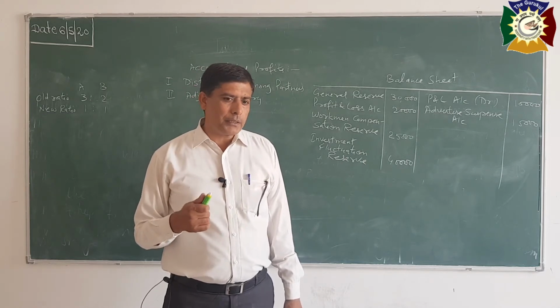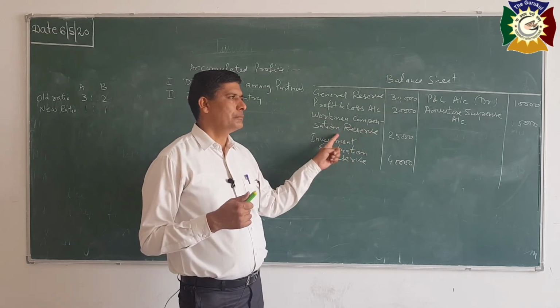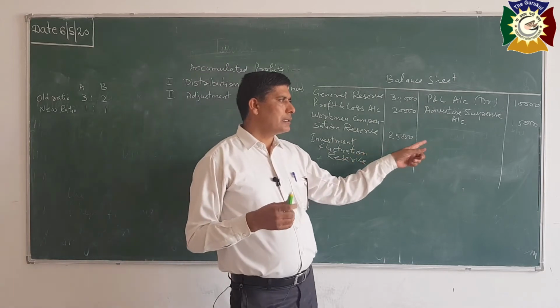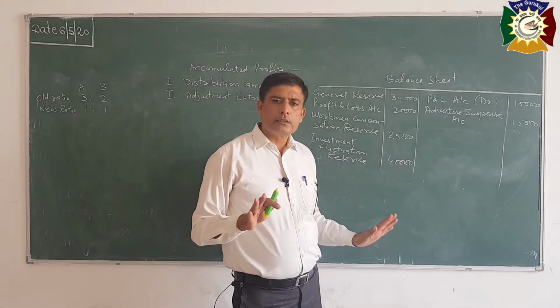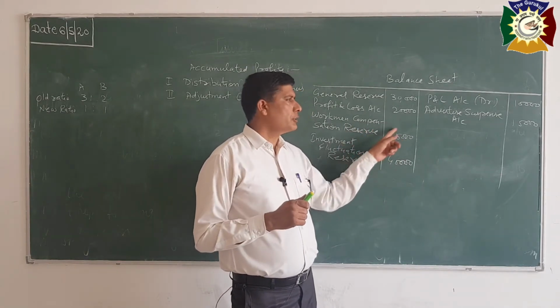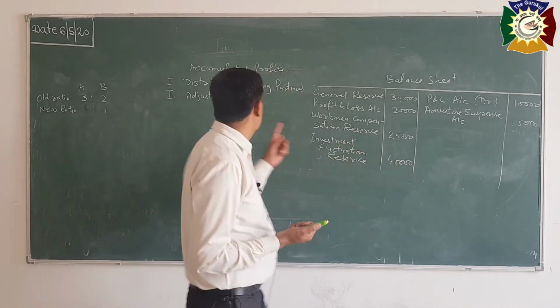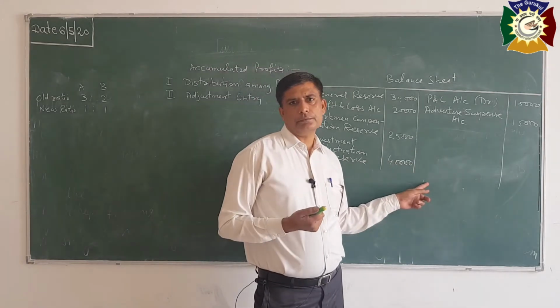So for this purpose a reserve is created, that is called workman compensation reserve. And if workman compensation reserve is given in the balance sheet liability side like 25,000, no other information is given, so you will distribute the complete workman compensation reserve debit 25,000 to A's capital, B's capital in old profit sharing ratio, which is 3:2. That will be 15,000, 10,000.